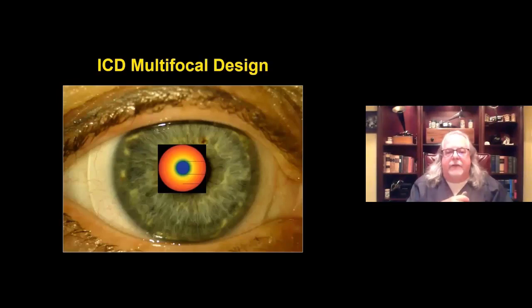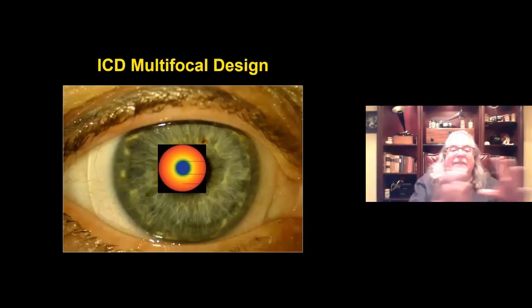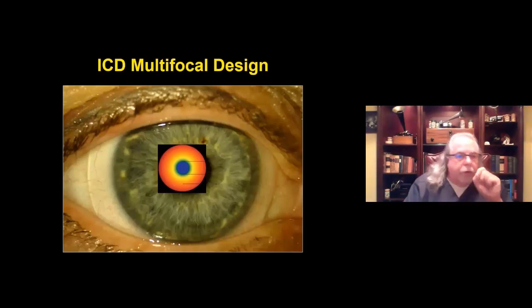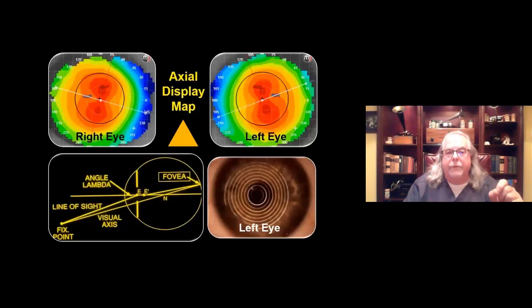This is a lens that is based on the fact that when we apply a scleral lens to the eye, it frequently decenters temporally. Now, if you're incorporating a multifocal optic into the center of the lens, this means that the multifocal optic is also going to move slightly temporal.